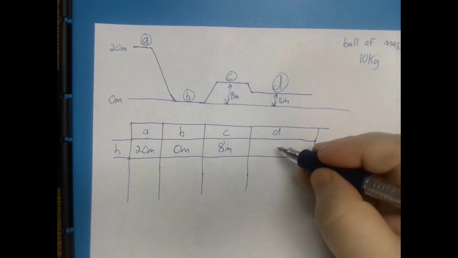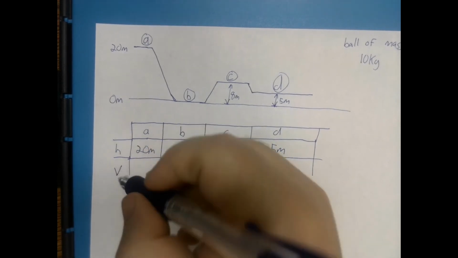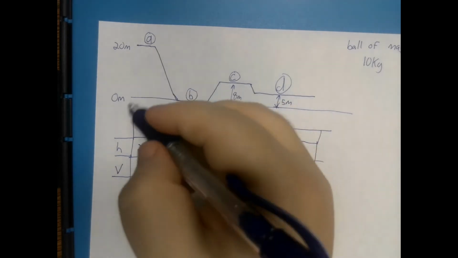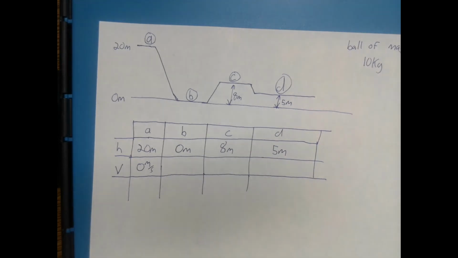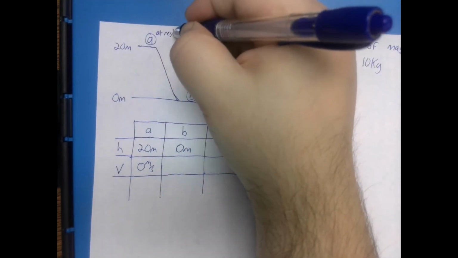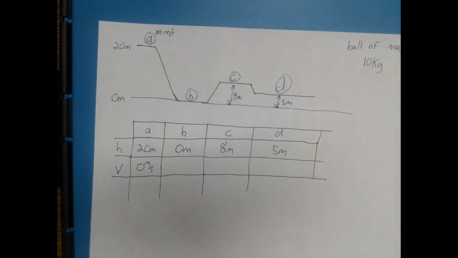And then for D, 5 meters. What is the velocity now of each one? So we'll assume that it starts at 0, at rest up here. B, C, and D, we don't know yet.